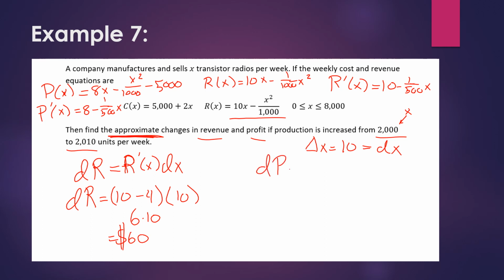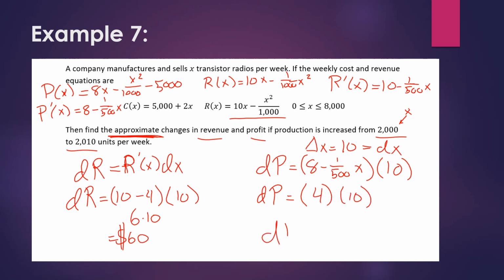So dP is going to equal 8 minus 1 over 500x times dx, which is 10. So if I plug in the 2,000, dP is going to be 8 minus 4, which is 4 times 10. So my approximate change in profit is $40.